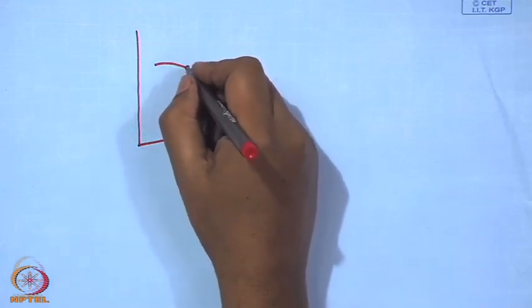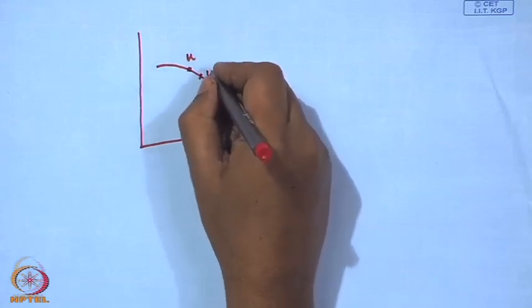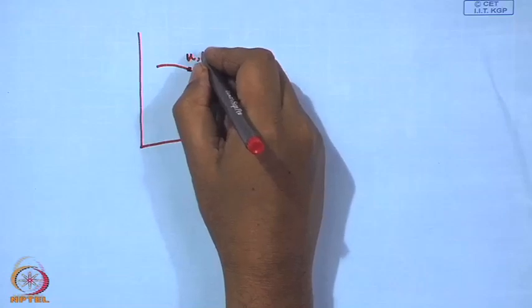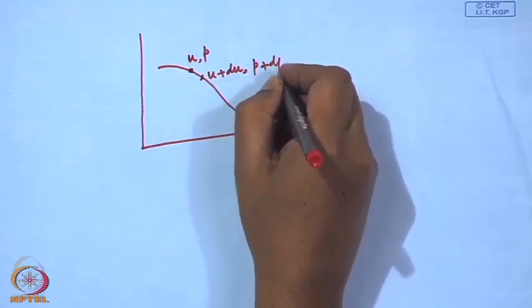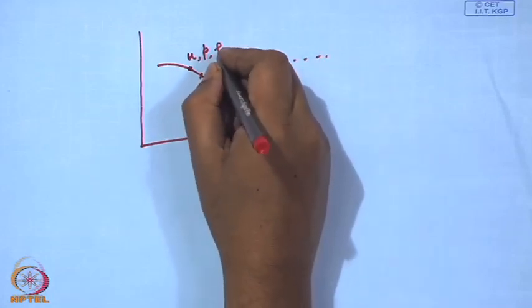That is, the flow velocity here is u, here it is u plus du, the pressure here is p, at this point it is p plus dp, and so on for all other quantities.